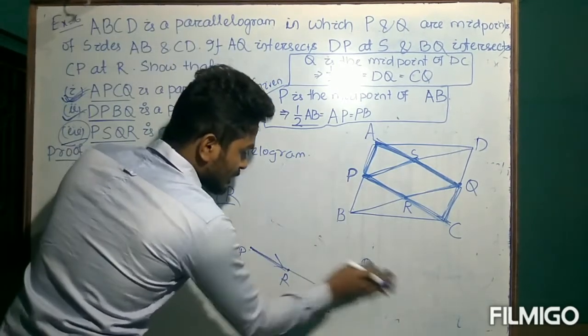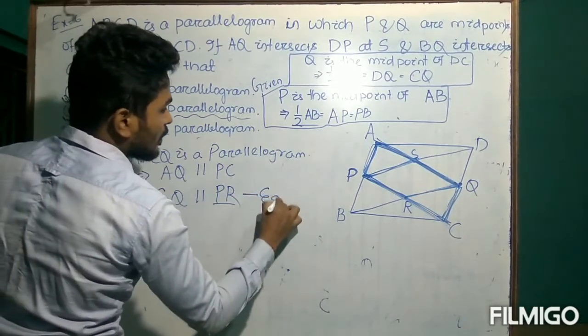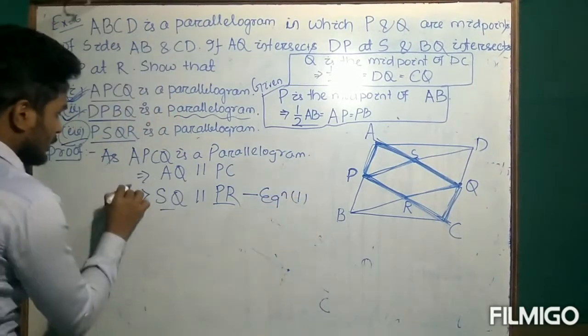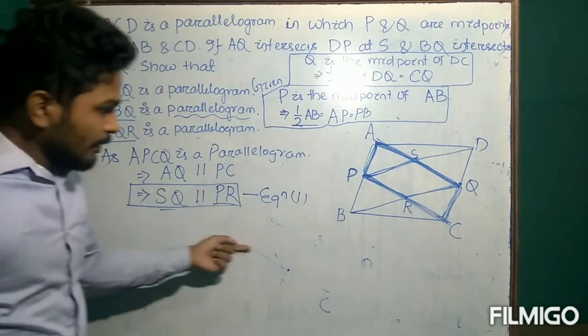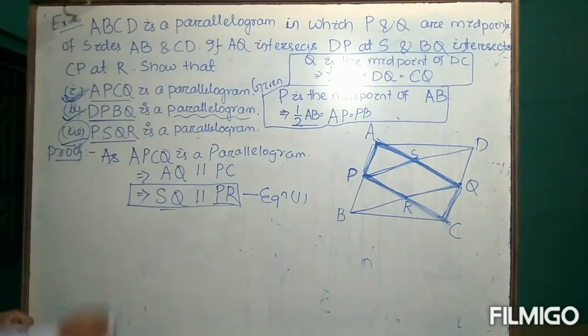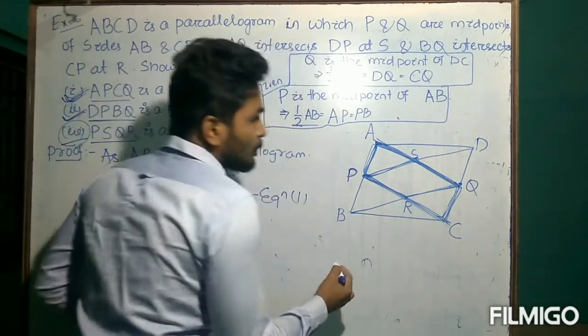Okay, this is clear. Let's say this is our question number 1. Is it clear completely? Next. From the second statement, what have we proved? We have proved that DPBQ is a parallelogram.